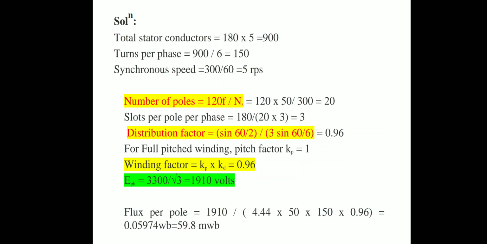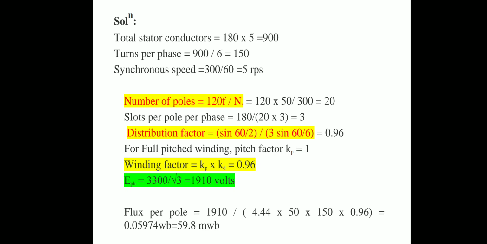The solution: the total stator conductors is equal to 180 into 5, which is equal to 900. Turns per phase is equal to 900 divided by 6, which is equal to 150. Synchronous speed is 300 divided by 60, which is equal to 5 rps.